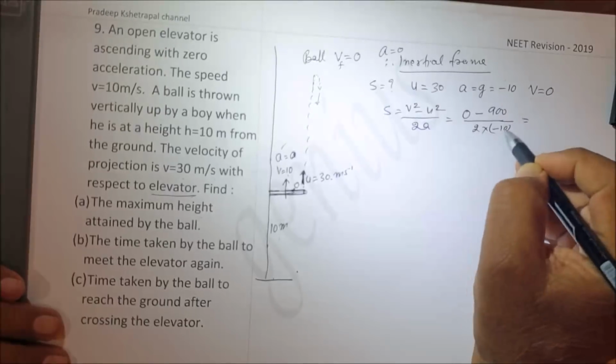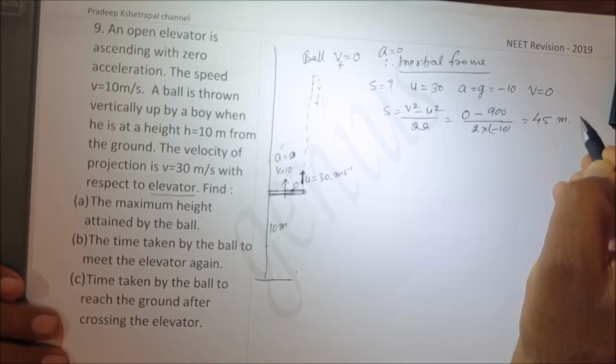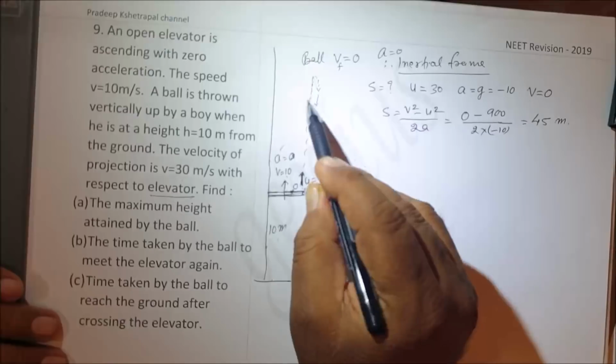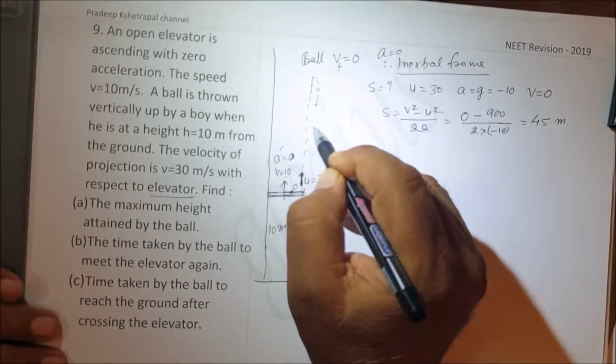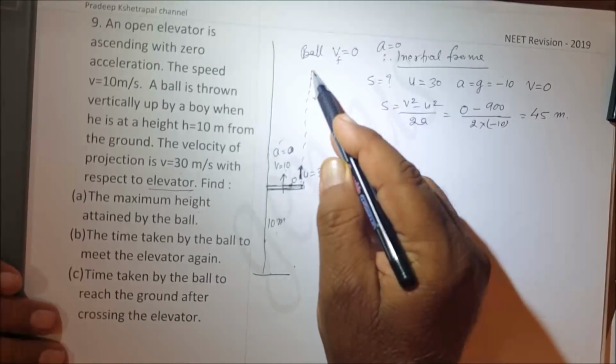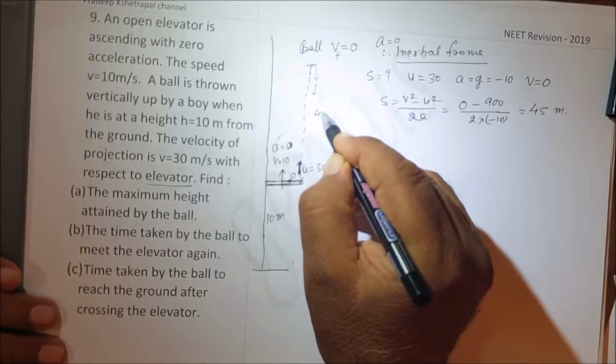Minus minus cancel, 20, and this comes to be 45 meter. So the distance traveled from this location to this location is 45 meter. Finally, when it reaches the maximum height, the distance between the two is 45 meter.